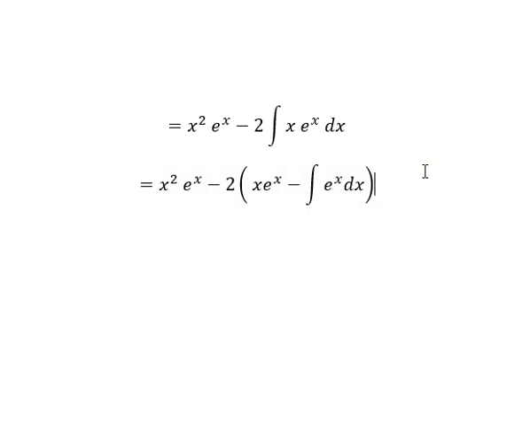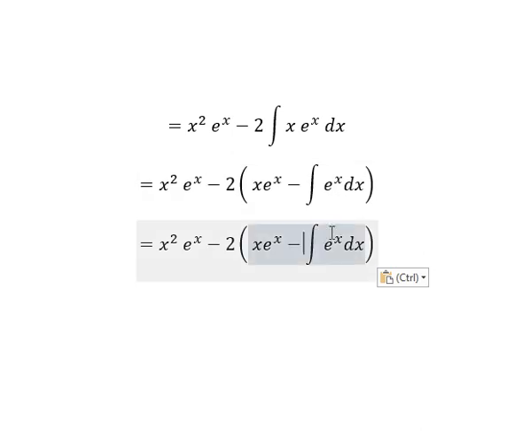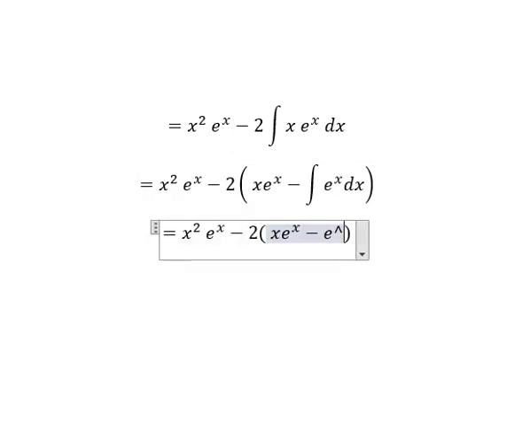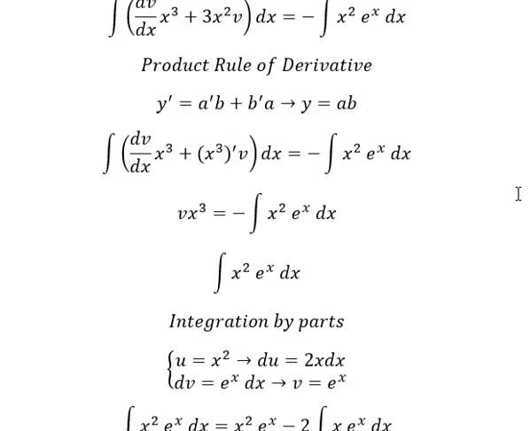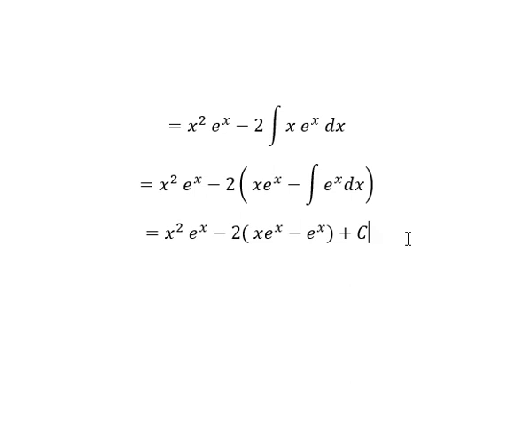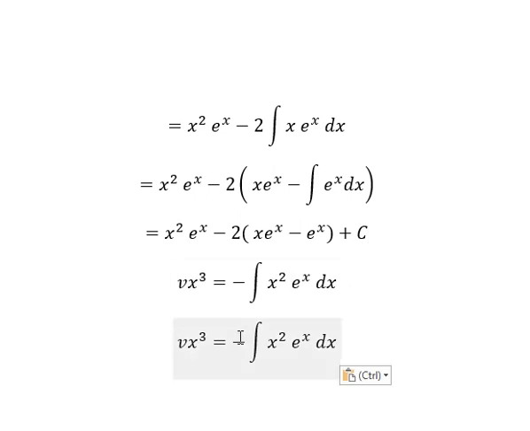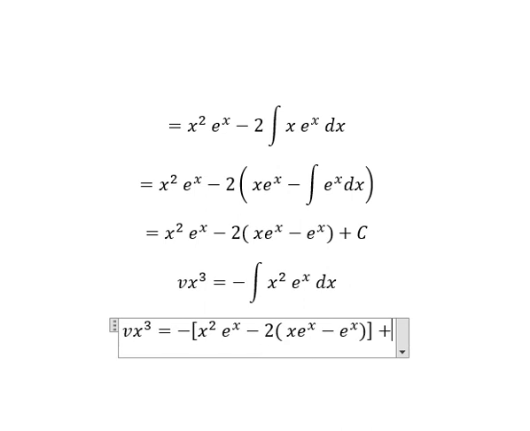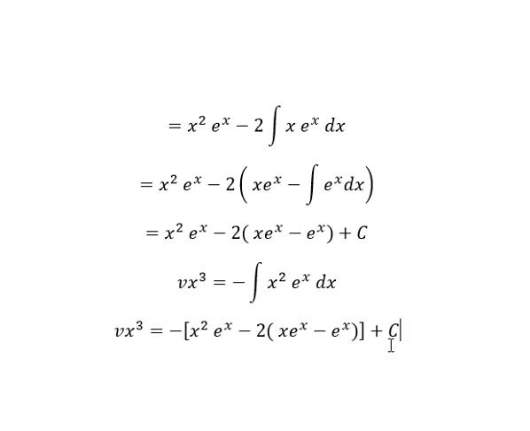So the integration of this one, we have e to the power of x, and I will put c. Now we need to return back to this one. So this one is about this one, and I will put c.